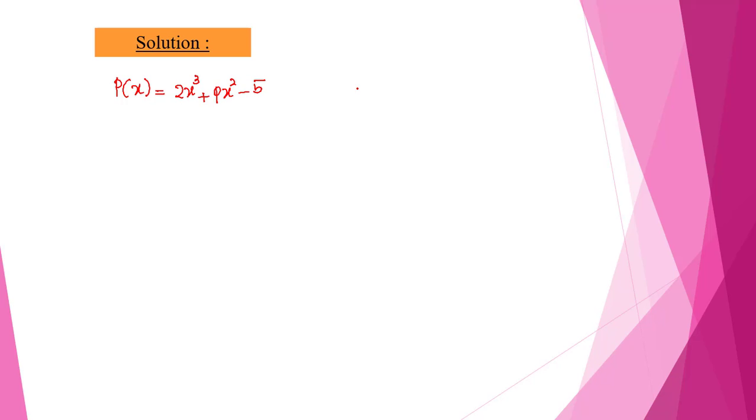Since 2x plus 1 is a factor, from the factor theorem we know that p of a is equal to 0. So now, what is the value of a?